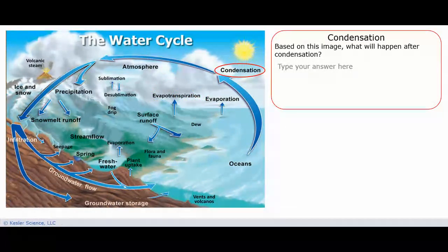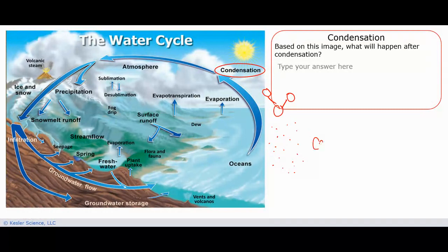Condensation. What is that again? Remember, a vapor, a gas, means that the H2O water molecules, our oxygen hooked to our two hydrogens, are very high energy, and because of that, they're moving very rapidly.